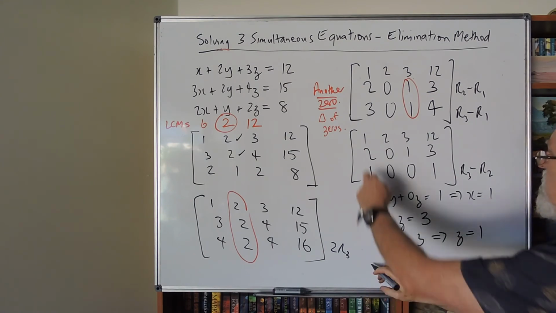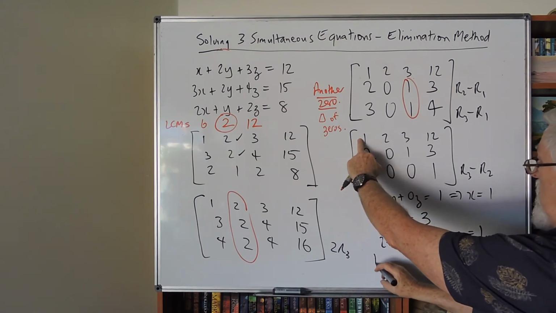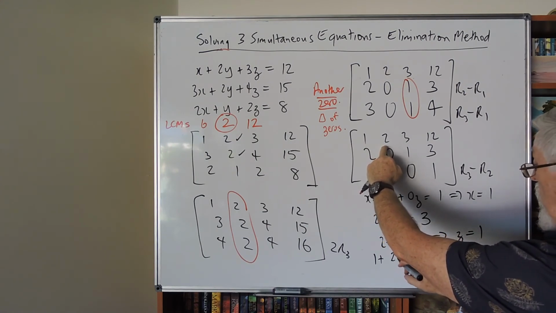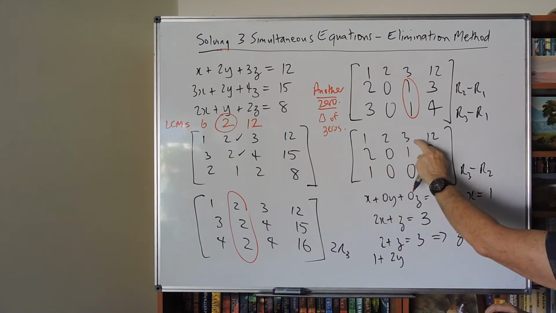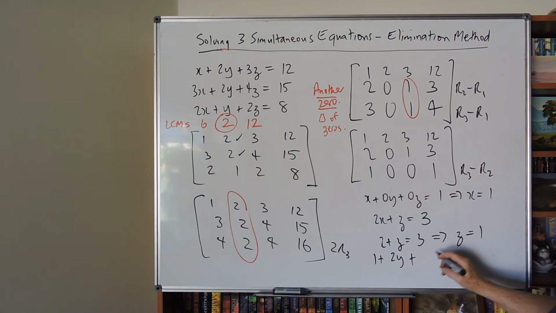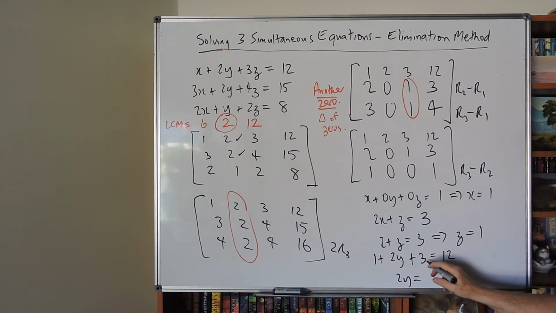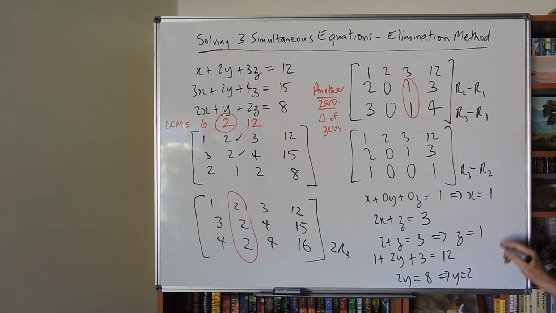I've got x is 1, we've got 2y, we don't know what y is, and I've got 3 times 1, which is 3, and I've got a 12. So I've got 2y. There's a 4, take it from the 12 is 8, which gives me y equals 4. I end up with x equals 1, y equals 4, I wrote 2, and then z equals 1. And there's our solution.